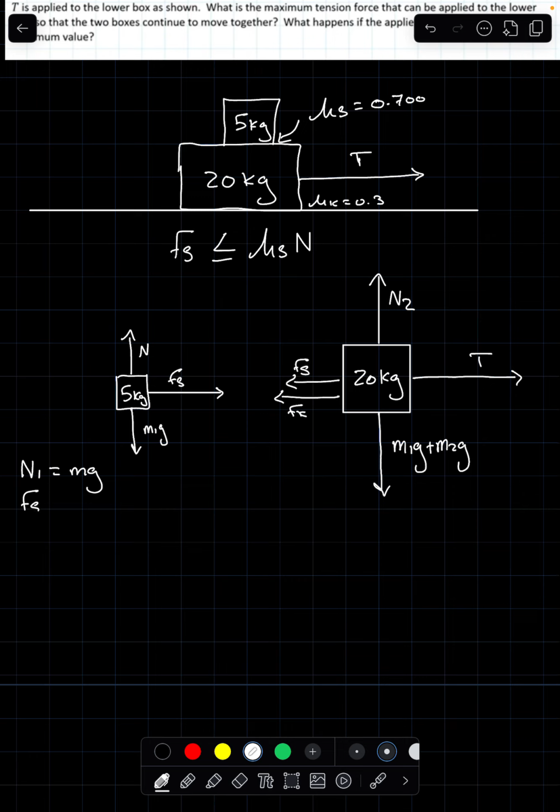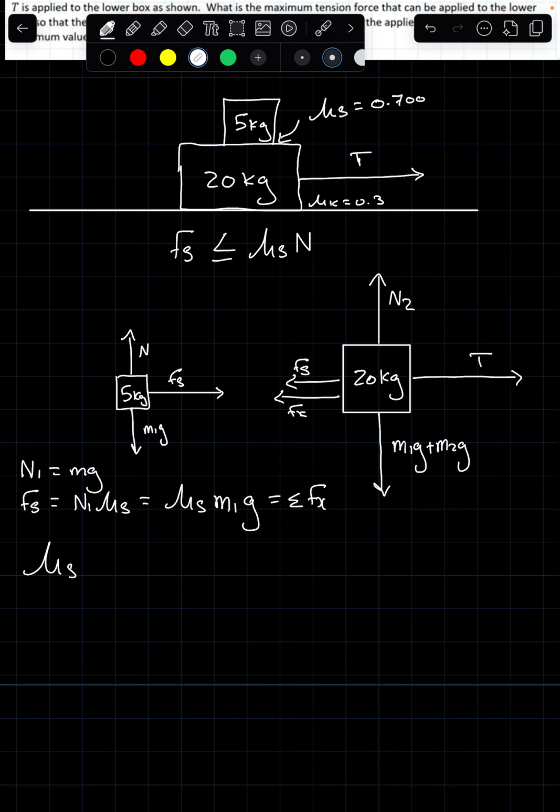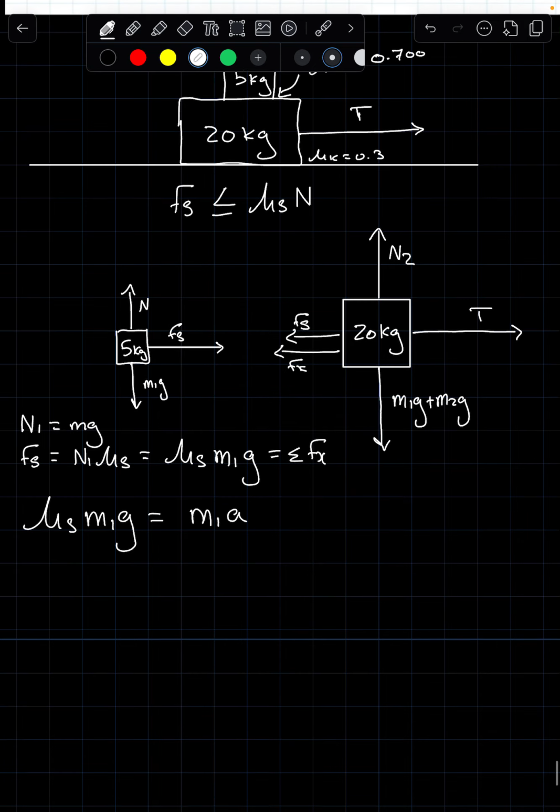Now F of static friction equals N1 times mu s, which equals mu s M1g, which is also the only horizontal force on this block, therefore equating to F x. Thus, mu s M1g equals M1a, right?